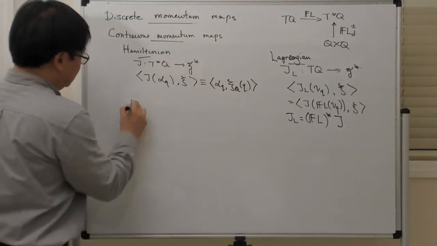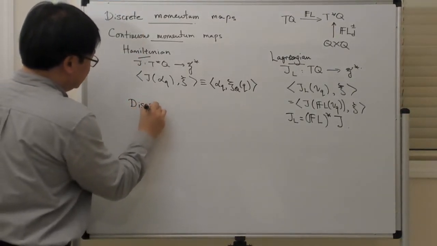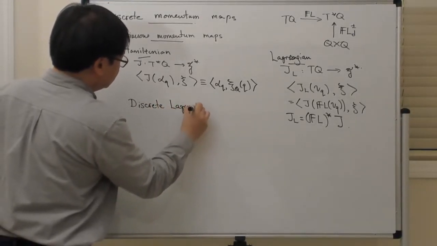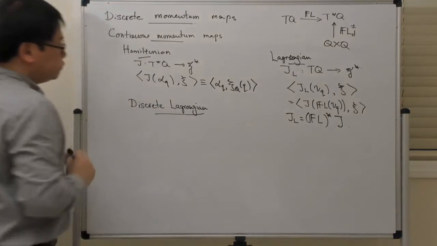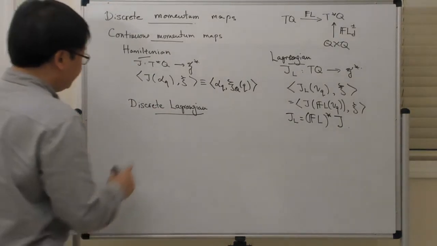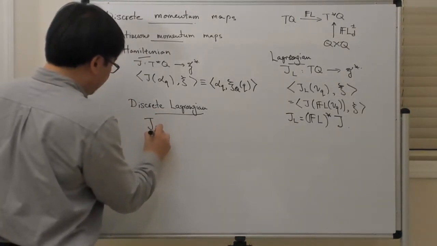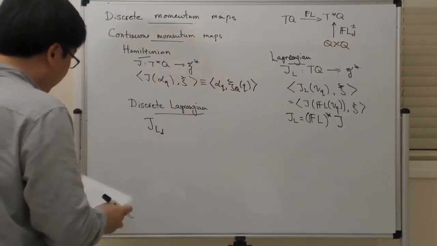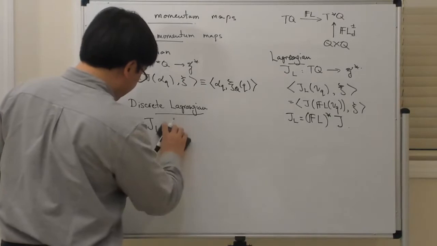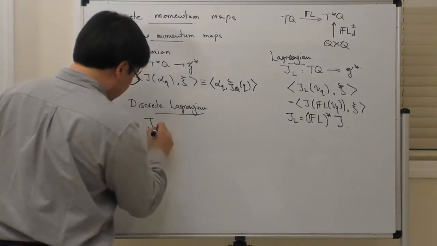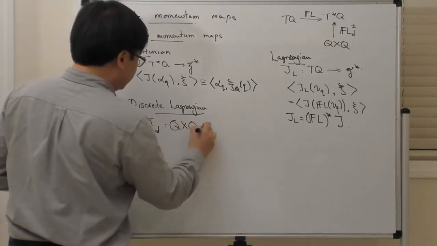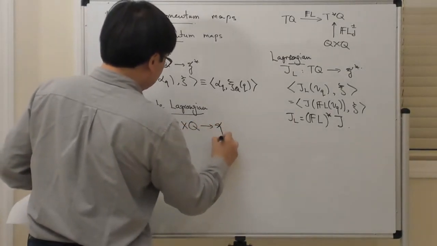On the discrete Lagrangian side, you have what I call J_LD, for lack of a better term, or maybe let's just call it J_D, J discrete. It's a map from Q cross Q to the dual of the algebra.